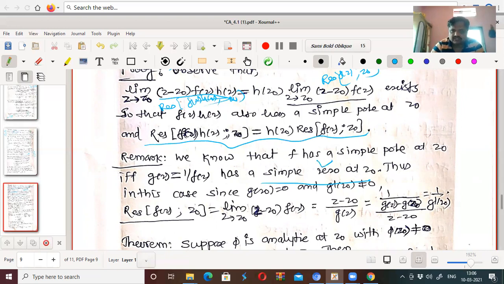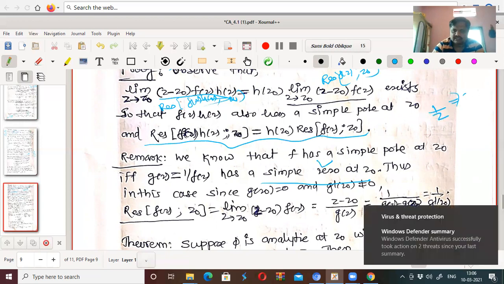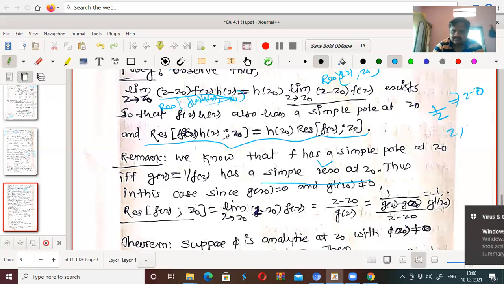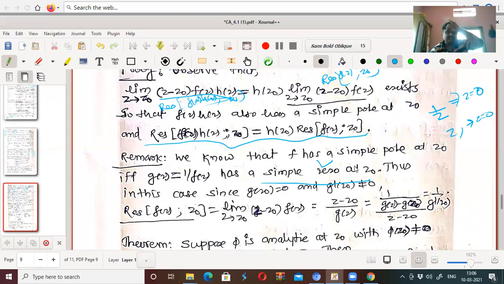We know that 1 by z has a simple pole at z equal to 0. Therefore, 1 upon this term means z has a simple zero at z equal to 0. That is the case. So, g has a simple zero. That means g at z0 is 0 and g dash at z0 is not equal to 0.